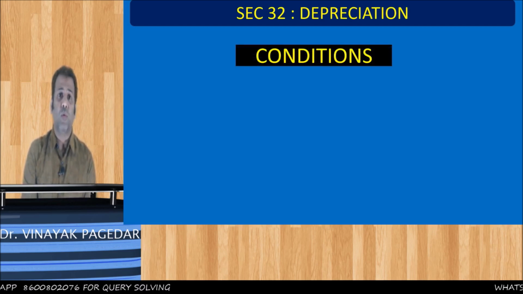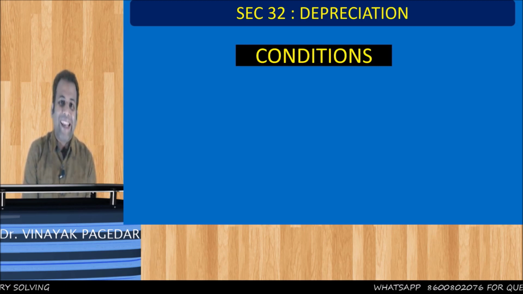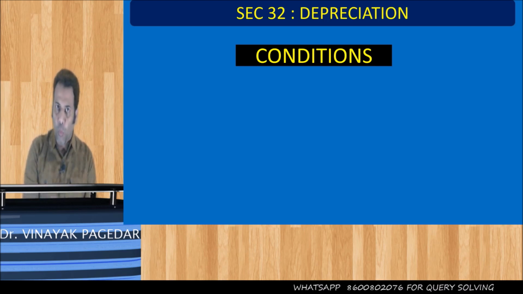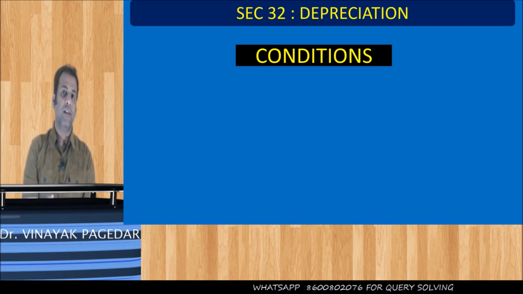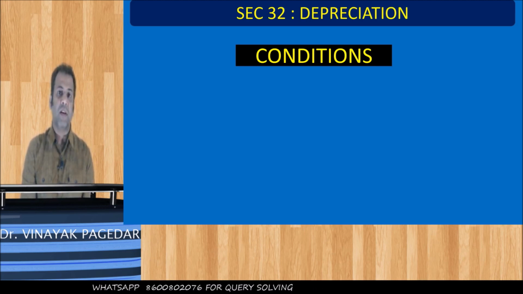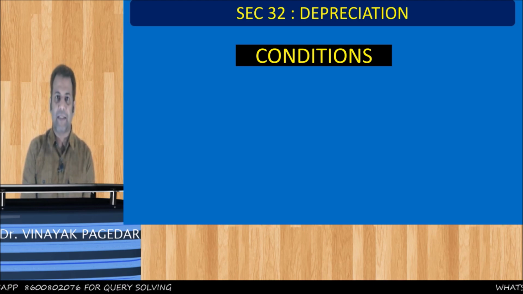Now, what Section 32 basically says is there are certain conditions for allowing or getting the deduction for depreciation. That is, if you want the deduction for depreciation, then you have to satisfy certain conditions. There are two main conditions, and the first is the use of the asset for the purpose of the business.